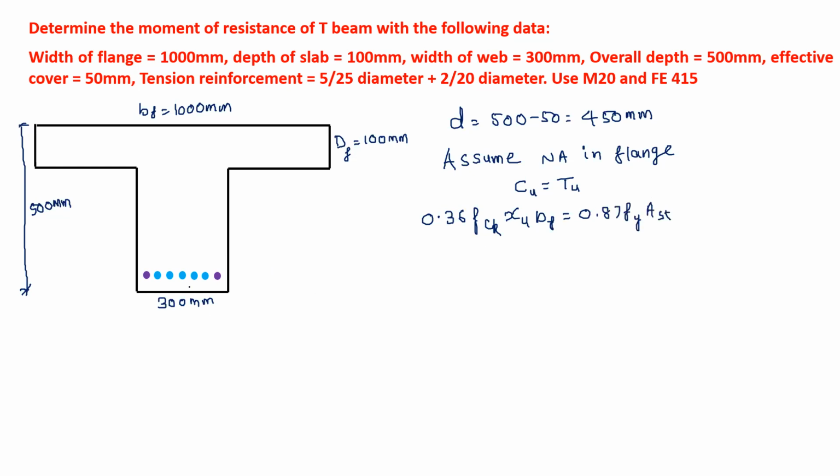Now you can see AST, we have 5 bars of 25 torr, and we have 2 bars of 20 torr.